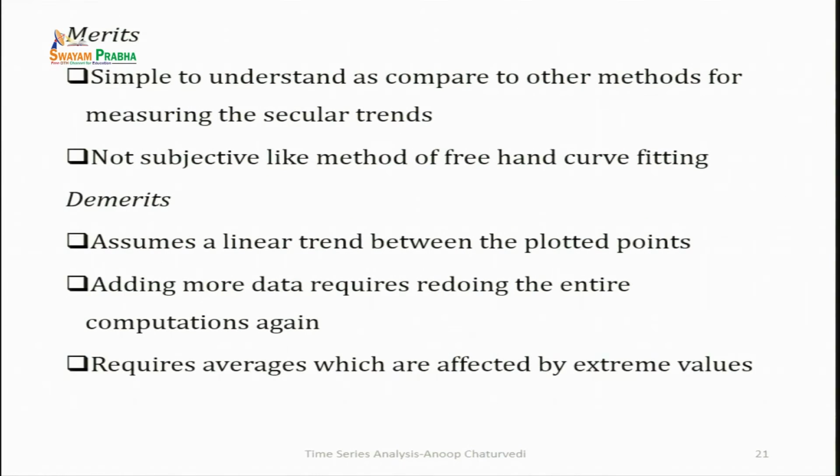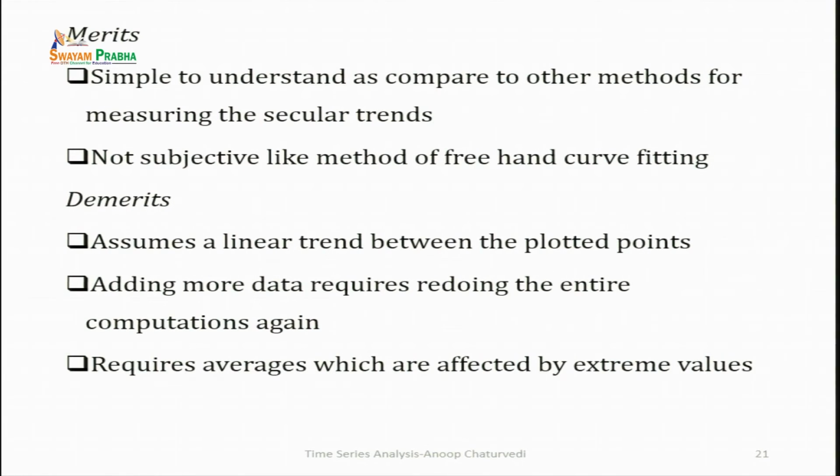Merits of this method are: it is quite simple to understand as compared to the other methods for measuring the secular trend. In fact, the method of freehand curve fitting is even easier, but the method of freehand curve fitting is totally subjective, but this method is not totally subjective.